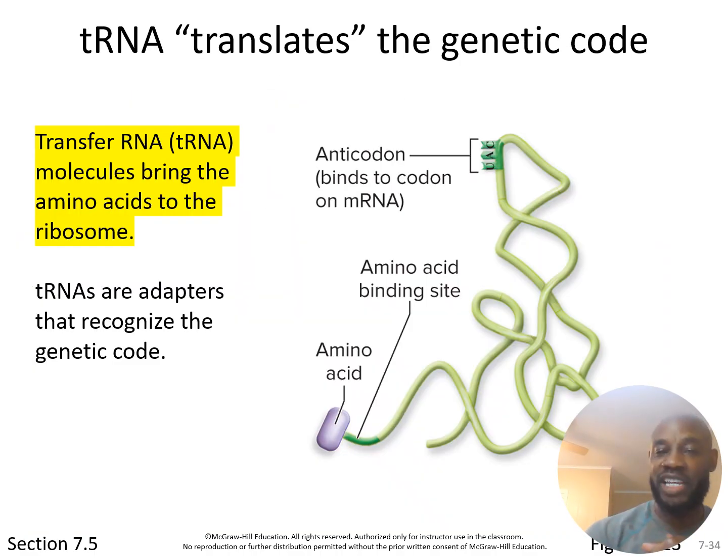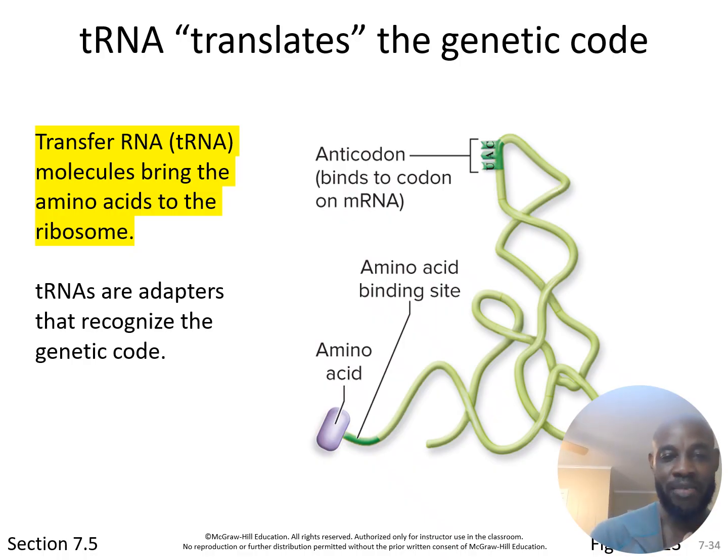tRNA translates the genetic code. So we have the RNA that we copy from the DNA, we call that mRNA, messenger RNA. We also have tRNA, transfer RNA molecules. Transfer RNA molecules bring the amino acids to the ribosome. So it actually brings each amino acid that the mRNA is telling us is coded for with that codon.